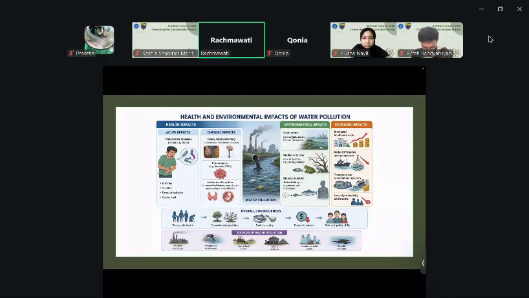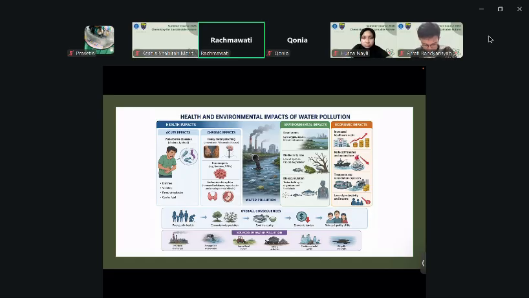And of course, these problems also cause economic impacts. Because you might imagine that if a lot of people consume unhealthy water, then there might be a problem with healthcare. If the demand is too high and the facility is limited, then there might be an increase in healthcare costs.